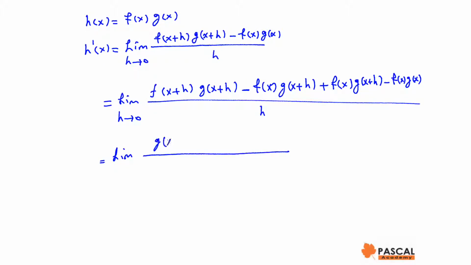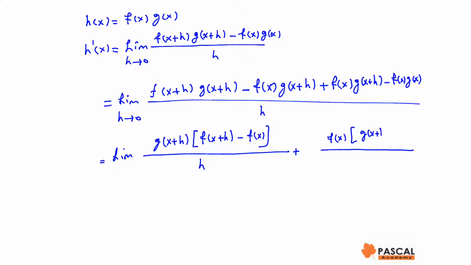If we factor g of x plus h between the first and second term, the limit can be written as the limit of g of x plus h times f of x plus h minus f of x over h, plus f of x times g of x plus h minus g of x over h, as h approaches 0.